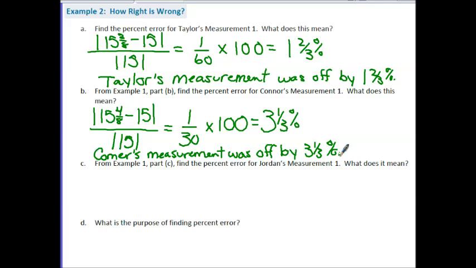Part C, we know that Connor and Jordan had the same measurement, so they would have the same percent error.